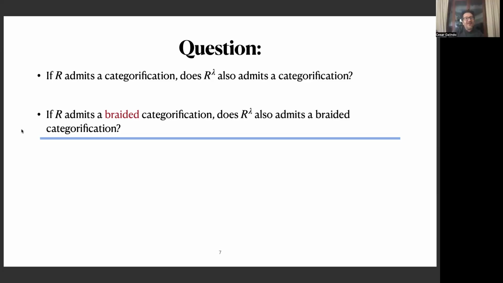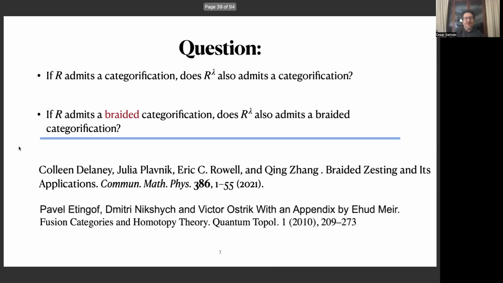When you say integral, you mean integral Frobenius-Perron dimension? Yes, you're right. Except in very simple ways, like pointed, all of them are non-integral.